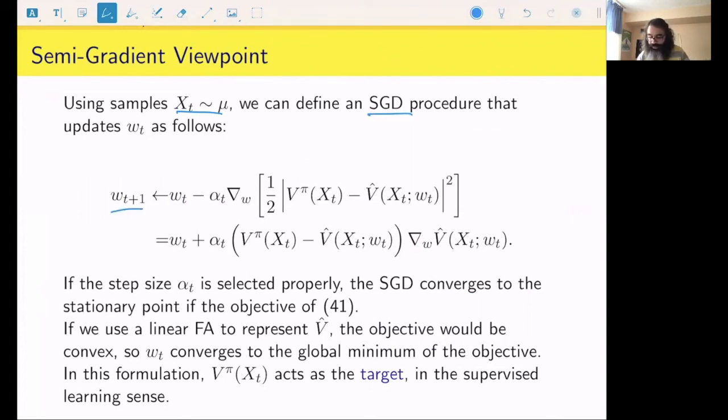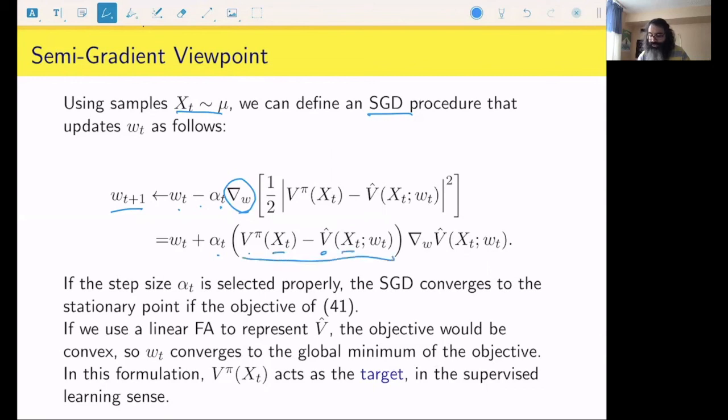W_{t+1} becomes W_t minus α_t times the gradient of the loss function with respect to W. If we do this, it becomes plus α_t times V^π minus V hat evaluated at X_t.